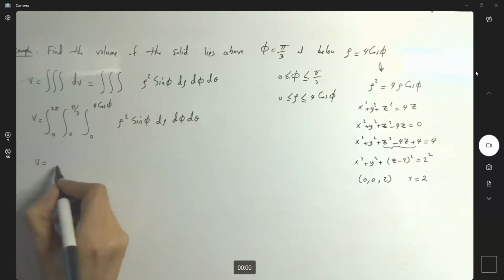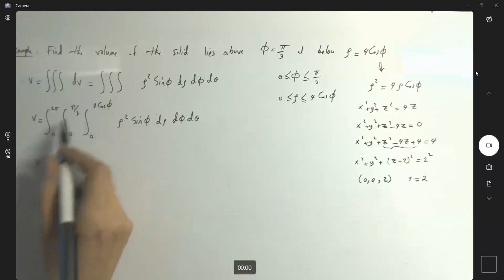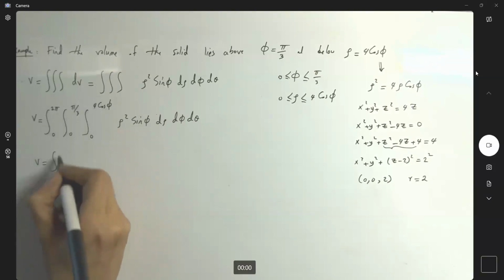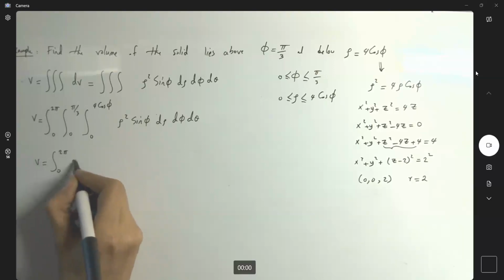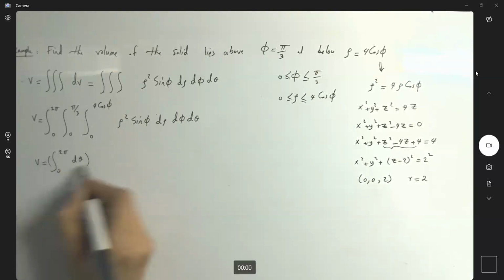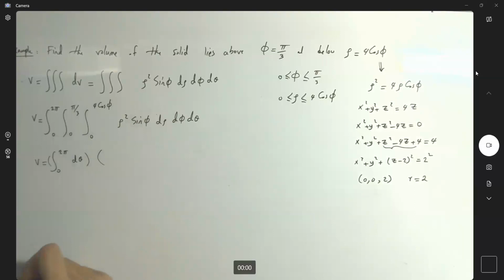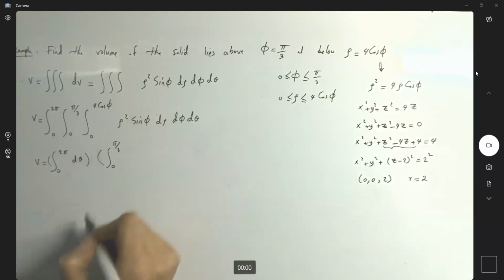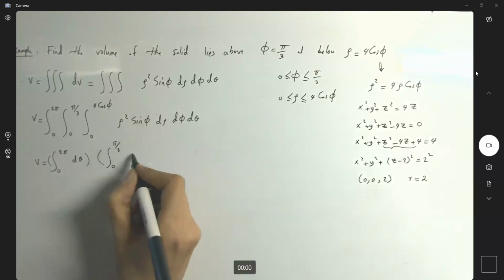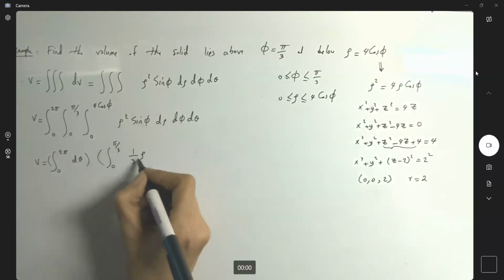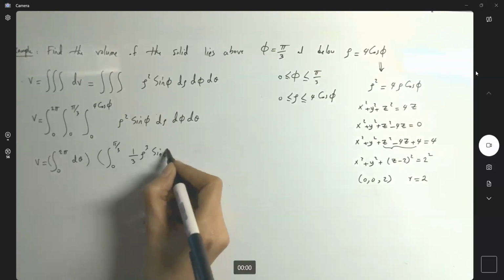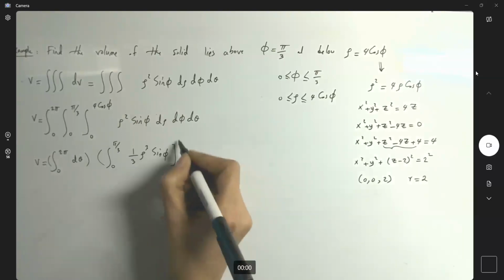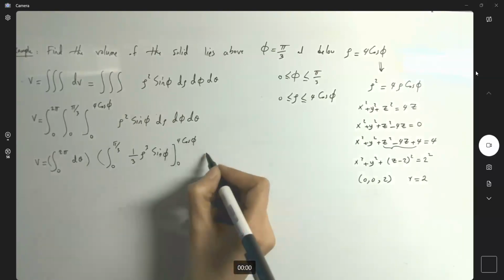The volume becomes, well, we don't have any theta involved here, so I can separate the integral from 0 to 2 pi d theta multiplied by the integral here. I get the integral from 0 to pi over 3, and here I have rho squared, which becomes a third rho cubed, sine phi, and my rho is bounded between 0 and 4 cosine phi, and here I have my d phi.